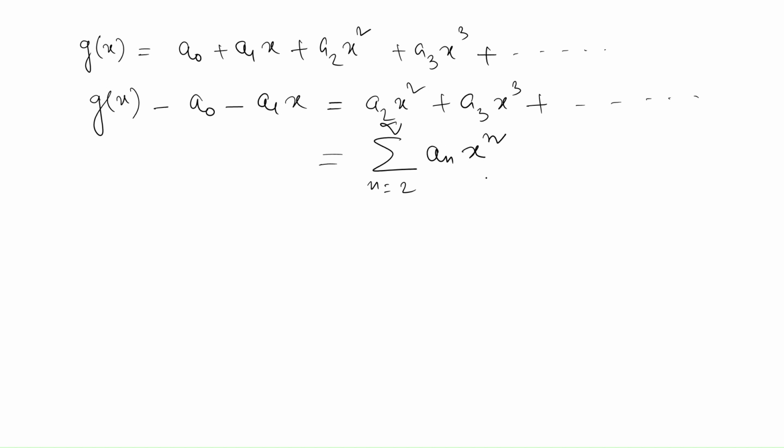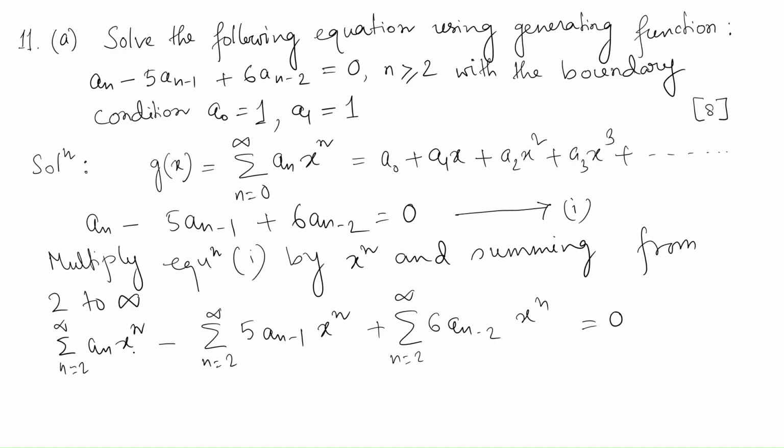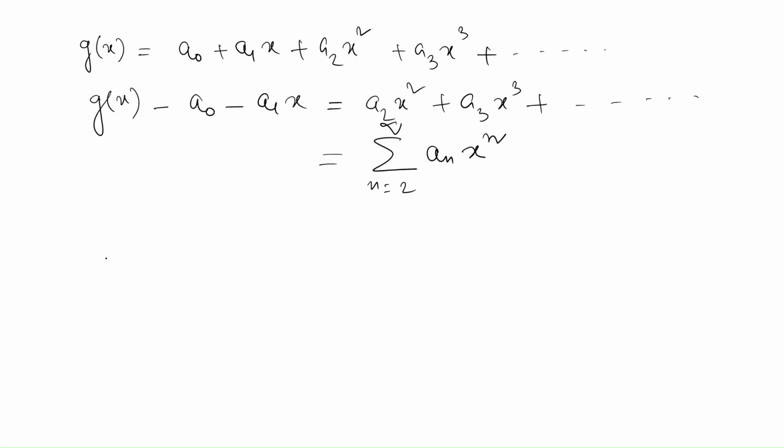So let us substitute the value of this here. Similarly, we can find for a_{n-1} x^n and for a_{n-2} x^n. Let us find for a_{n-1} x^n. G(x) equals a0 plus a1x plus a2x square plus a3x cube plus so on.